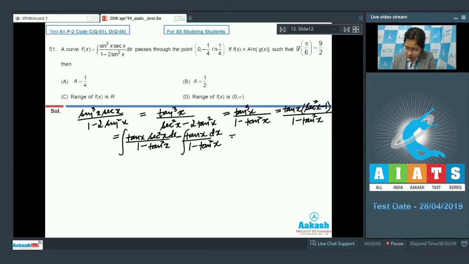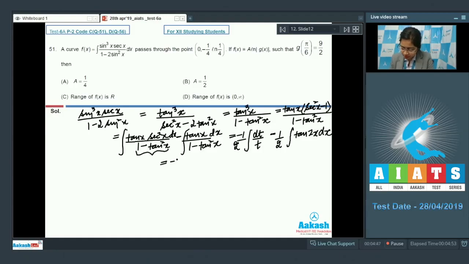So this is equal to, taking 1 minus tan square x equal to t, we will get minus 2 times tan x into secant square x into dx equal to dt. So let us multiply and divide it by minus 2. So it will be equal to integral of dt upon t minus, here multiplying and dividing by 2, we will get it equal to integral of tan 2x into dx.